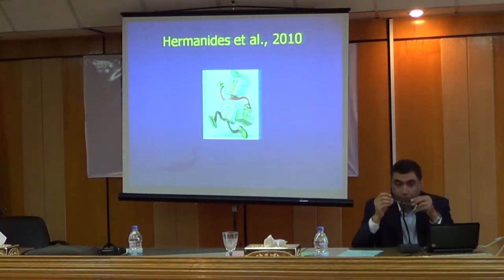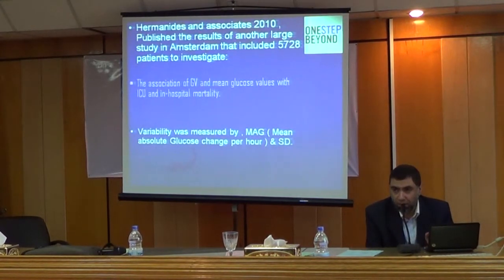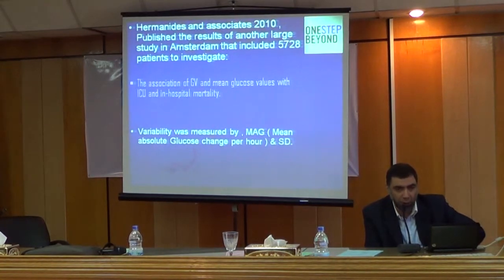Not only this, but another study came in 2010, Hermanides et al. It was a step beyond the glucose level. Hermanides and associates in 2010 published the result of another large study in Amsterdam, which included around 6,000 patients also.